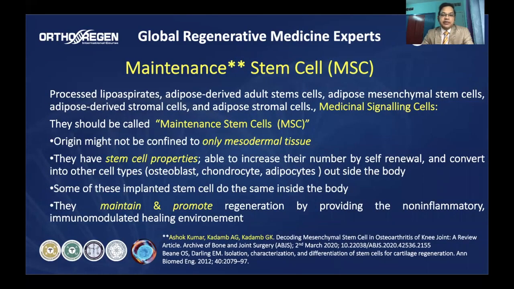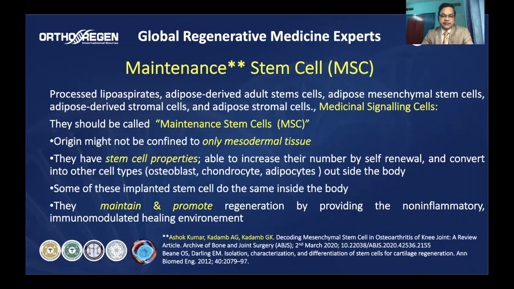In this paper, we propose that because these cells actually promote healing, they should be called maintenance stem cells. Their origin may not be only in the mesoderm, because research is ongoing and the list of sources of these cells is increasing every day.